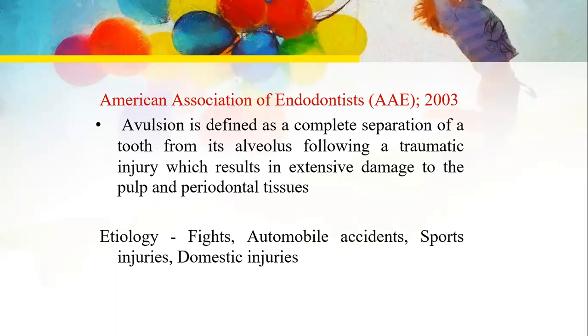The definition of avulsion given by the American Association of Endodontists in 2003 is a complete separation of a tooth from its alveolus following a traumatic injury, which results in extensive damage to the pulp and periodontal tissue.